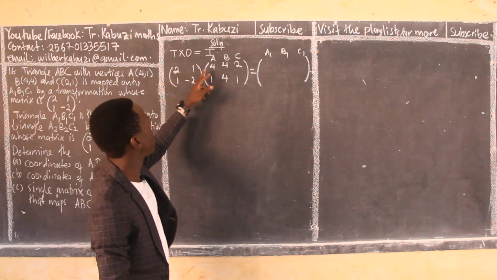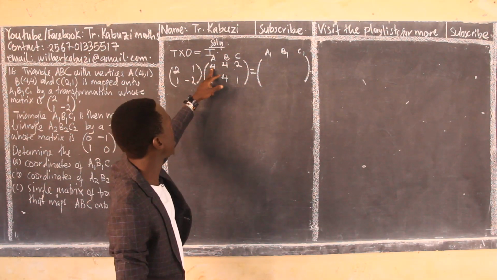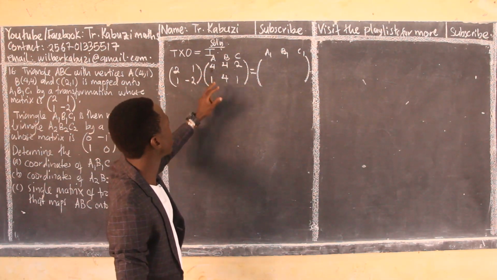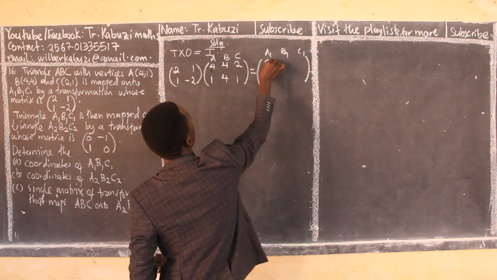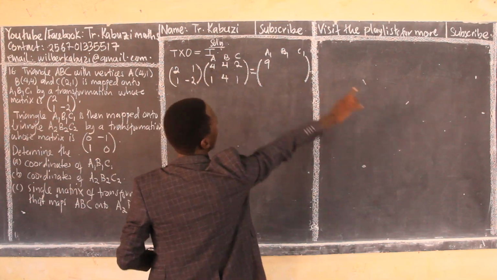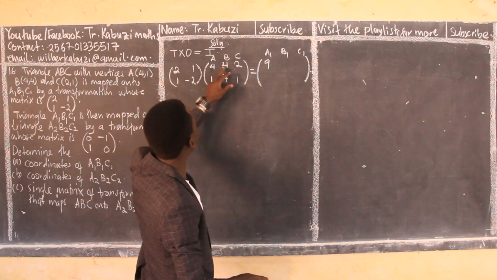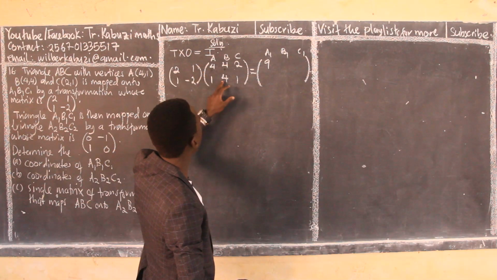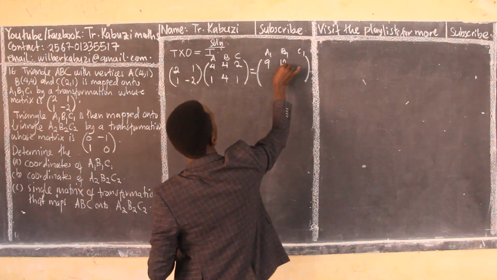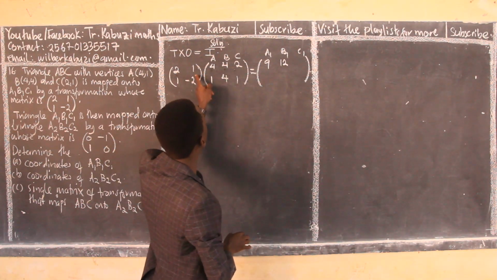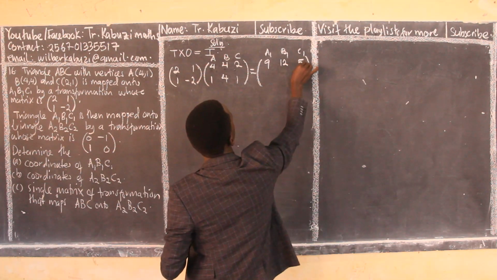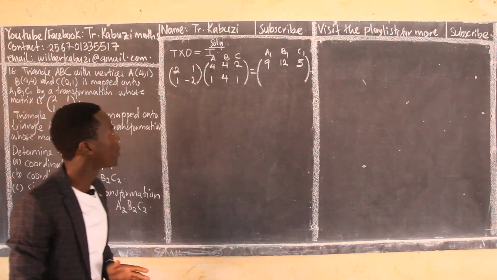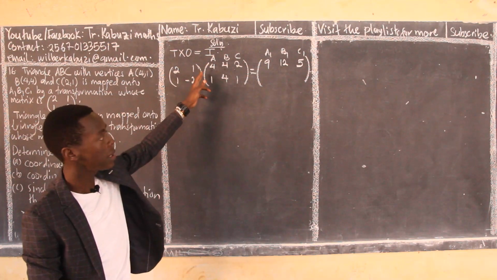This times this, then plus this, will be 8 plus 1, which is 9. This times this will be 8 plus 4, that's 12. 4 plus 1 is 5. So we have finished multiplying using the first row.